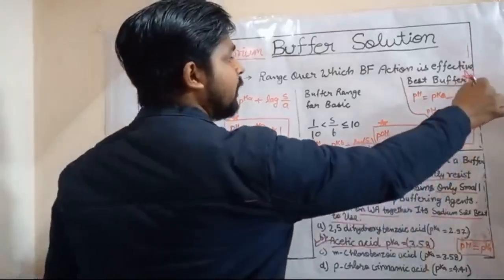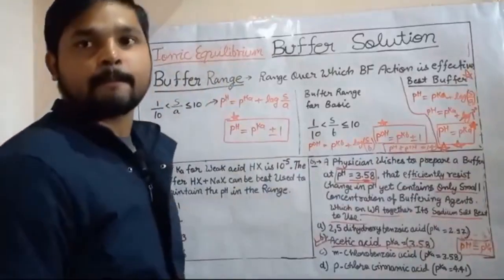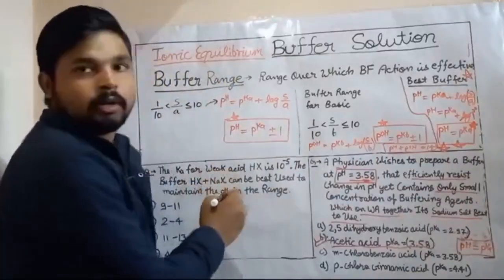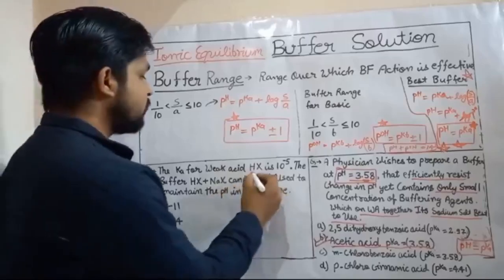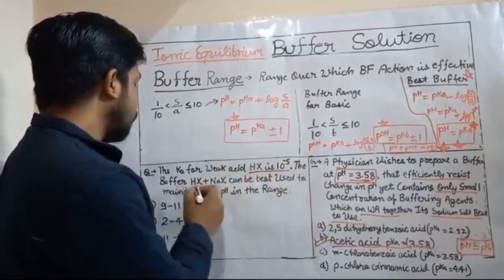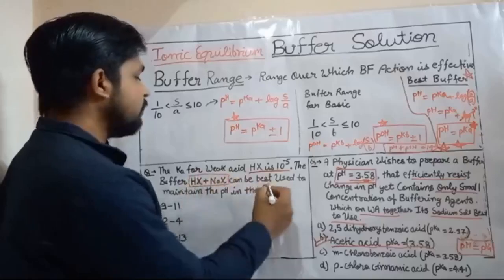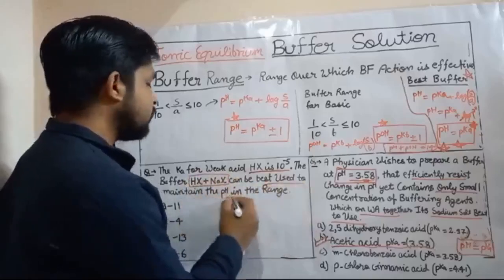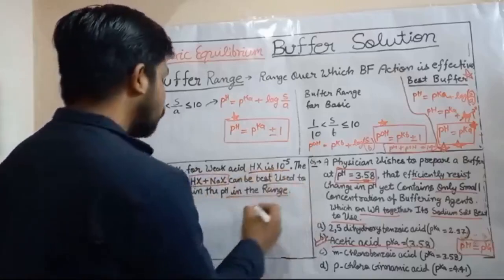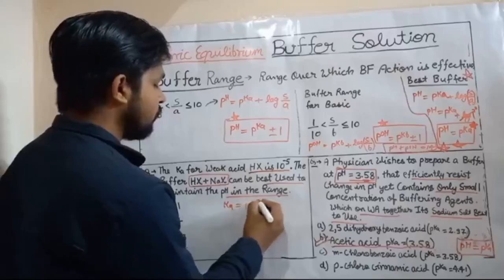Now we discuss the second question, students. The Ka for a weak acid is 10 to the power minus 5. A buffer prepared from it can be used to maintain the pH in which range? First of all, Ka is given in this question as 10 to the power minus 5.